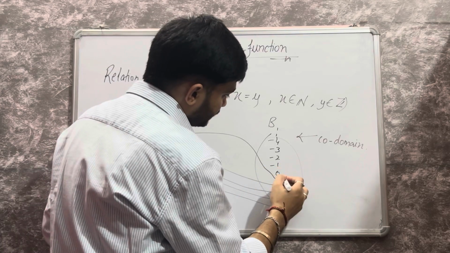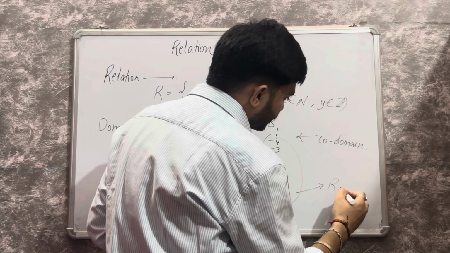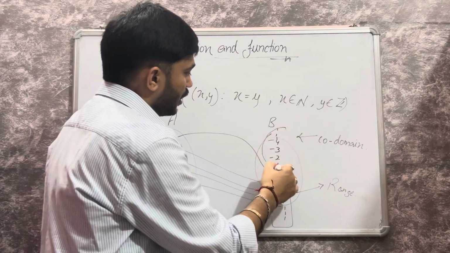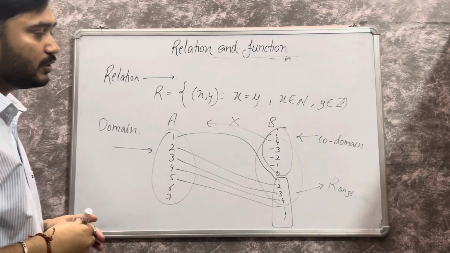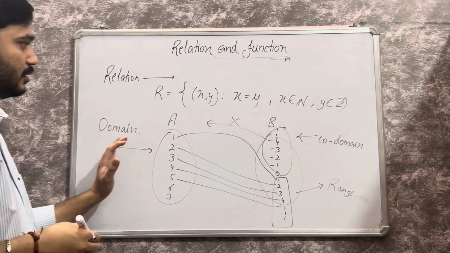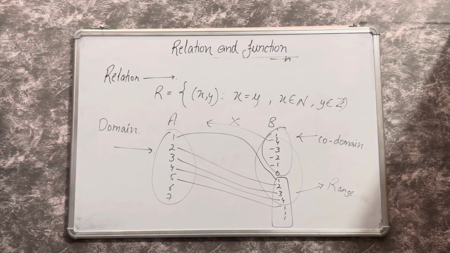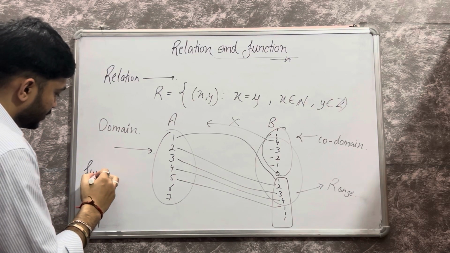And the values that we are getting are known as the range of the function, because these values are not related to A. Any doubt? Domain, codomain and range. Please take the screenshot if you want. Now we have to know what is function.